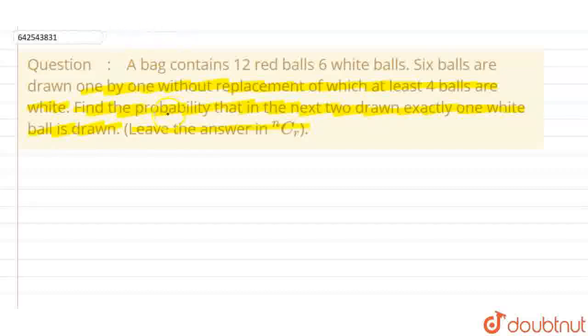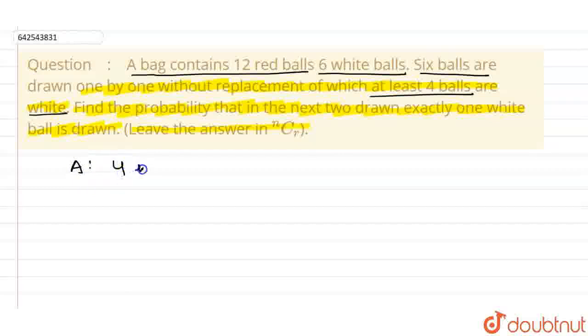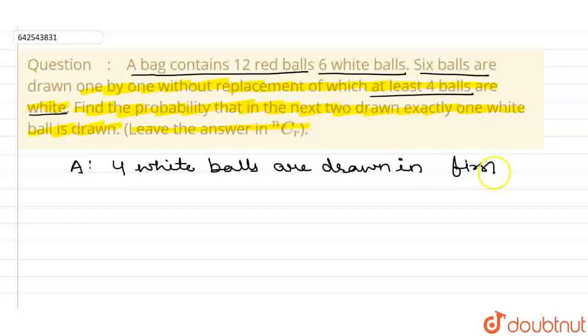So here I have to assume something. A bag contains 12 red balls and 6 white balls, and 6 balls are drawn one by one without replacement, of which at least 4 balls are white. So I assume case A: 4 white balls are drawn in the first 6 draws.